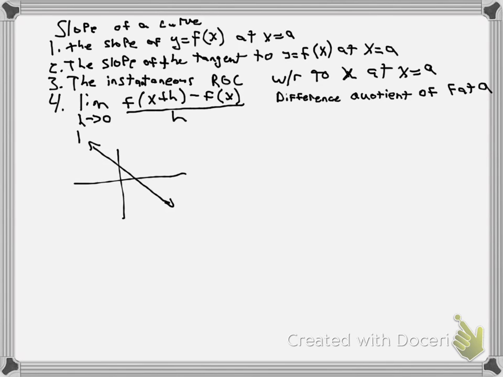A normal line to a curve at a given point is the line perpendicular to the tangent at that point. Perpendicular meaning, of course, we've got to have perpendicularity.